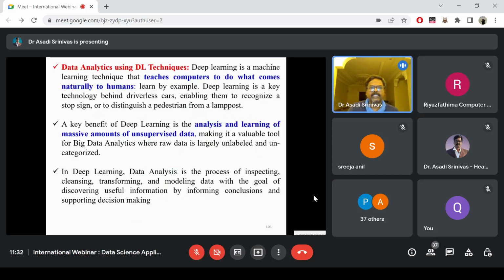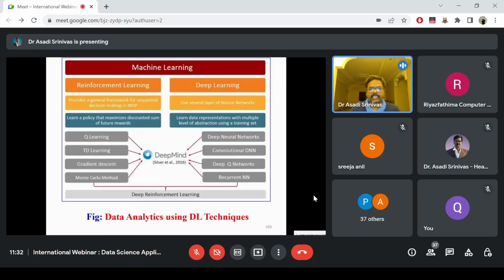So data analytics using deep learning techniques. So deep learning is nothing but learning from the observational and actionable data in a deep manner by applying various input and hidden layers. So we are using various deep learning techniques like CNN, RNN, DNN, deep Q networks, recurrent neural networks, and Q learning, and DD learning, gradient descent, Monte Carlo method.